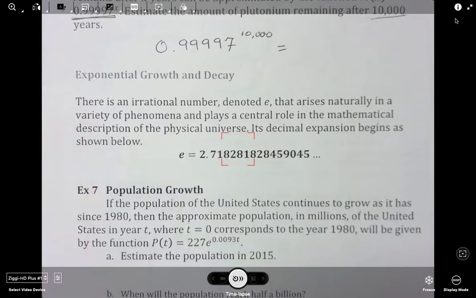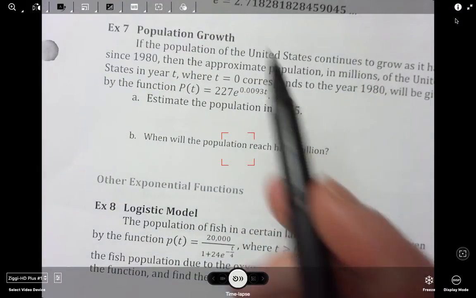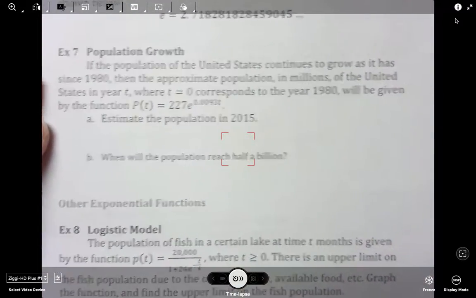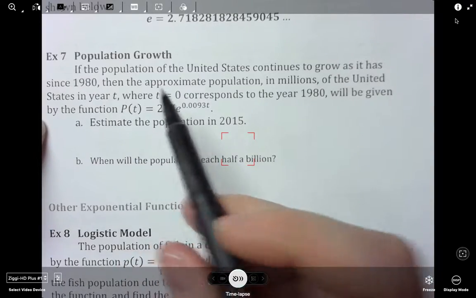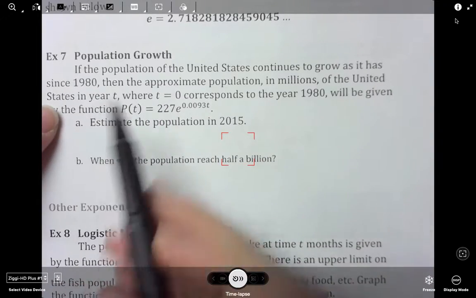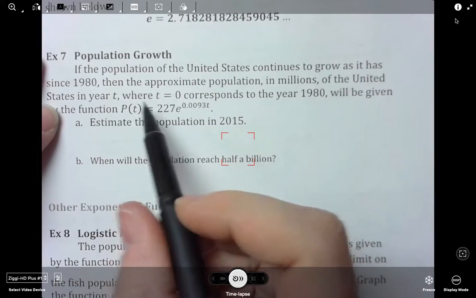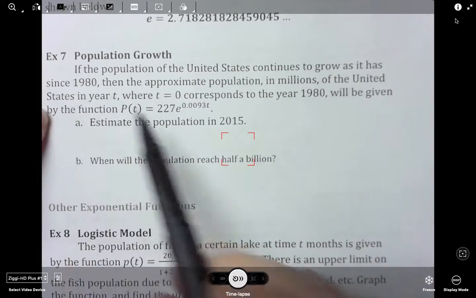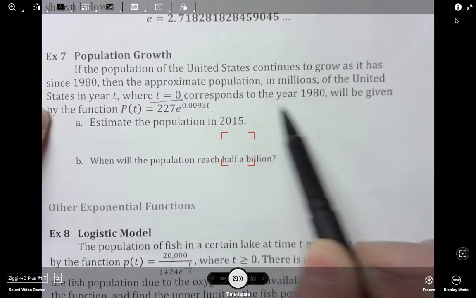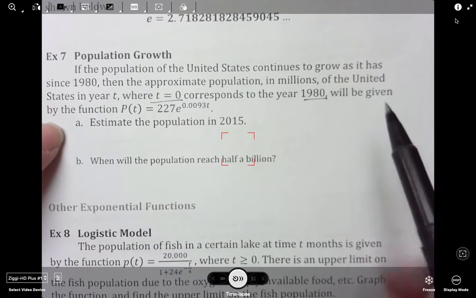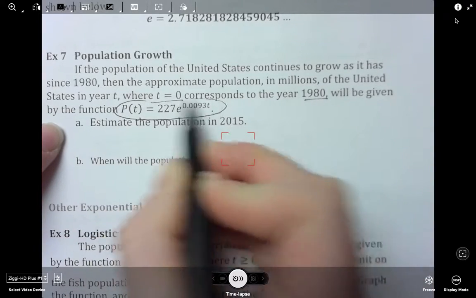All right, last little pieces here. Population growth. If the population in the United States continues to grow, as it has since 1980, then approximate the population in millions, where t equals 0 corresponds to the year 1980. This is the function for population, right?